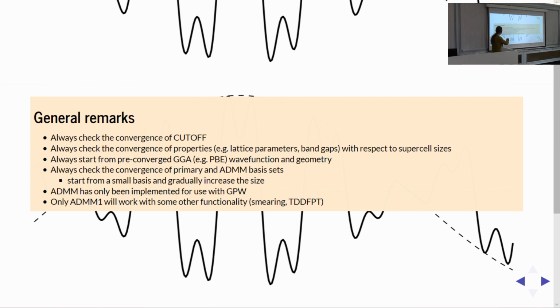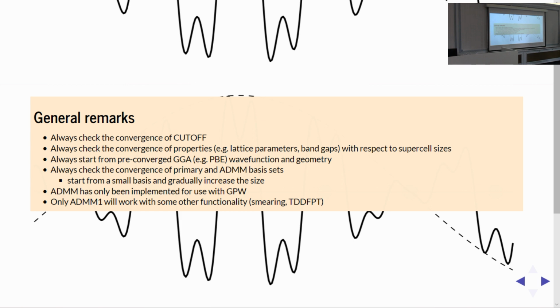I think these are just some general recommendations about doing hybrid calculations in CP2K. Very general one, check the cutoff, make sure you've got something sensible, check that you've got sensible properties. I think it's always worth, because even with all this stuff, the hybrid is going to be more expensive, checking your GGA calculation is set up sensibly, you've got a decent cutoff and stuff.